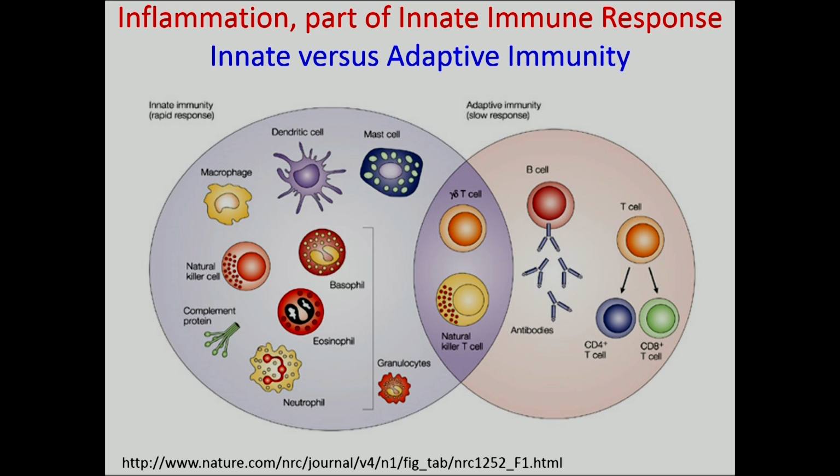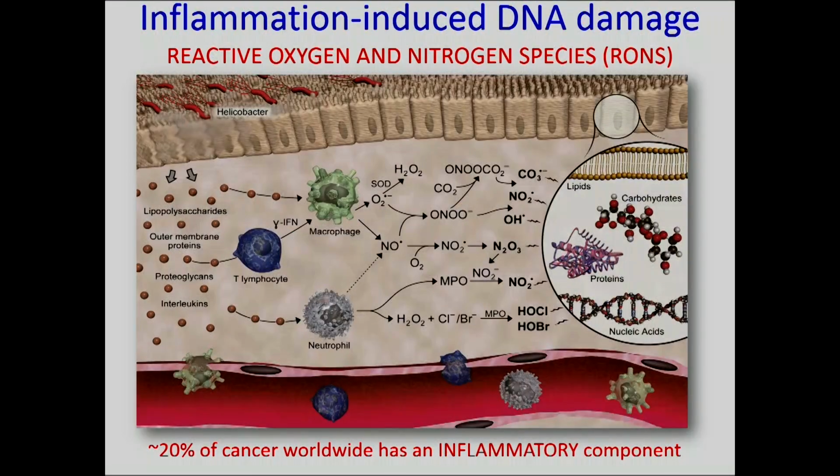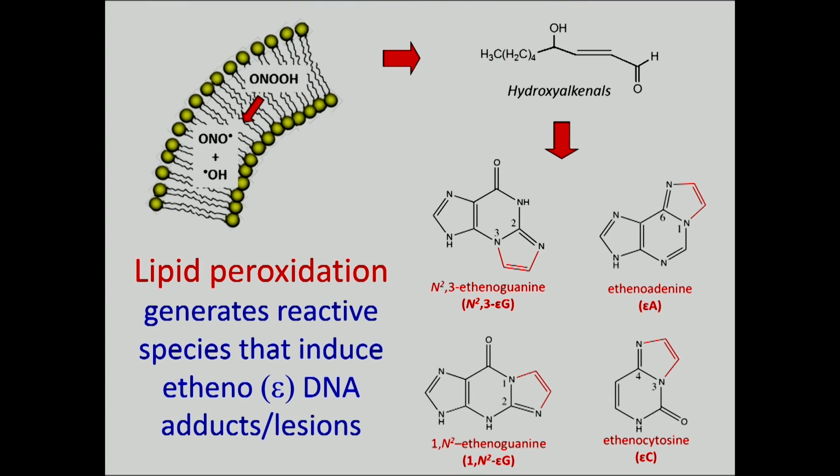They release lots of nasty chemicals that have collateral damage, including collateral damage in DNA. So in a situation where, let's say, one has a Helicobacter infection in the stomach, this stimulates the production of lots of cytokines, which in turn recruit and attract these macrophages and neutrophils that, in their attempt to get rid of this invading pathogen, release lots of reactive oxygen and nitrogen species that go on to directly attack DNA and other cellular molecules, in particular lipids.